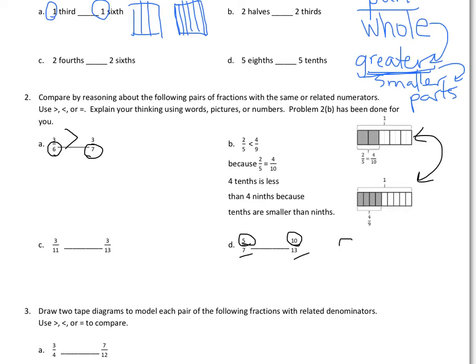So in this case, 5/7, we can turn that 5 into a 10 by simply multiplying by 2. To make an equivalent fraction, we need to multiply the numerator and denominator by the same number, because that's equivalent to 1. In this case, we would get 10/14. So again, students would use the same strategy they used in C and A to say, I have 10/14. What size are those pieces compared to 10/13?